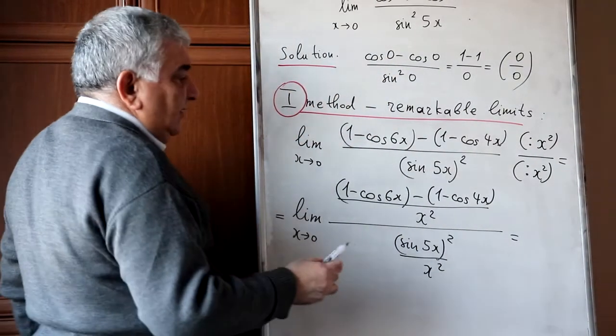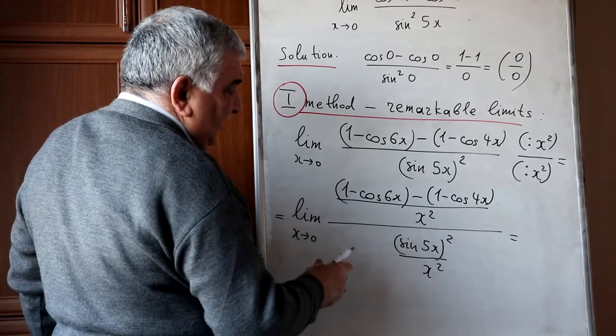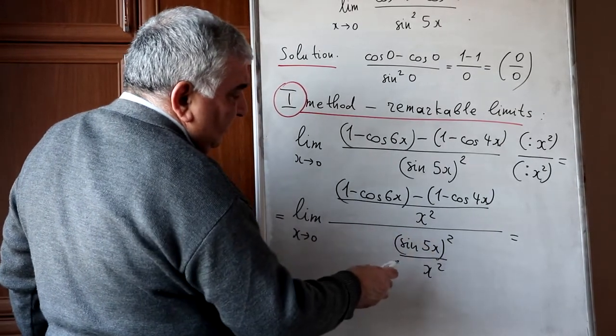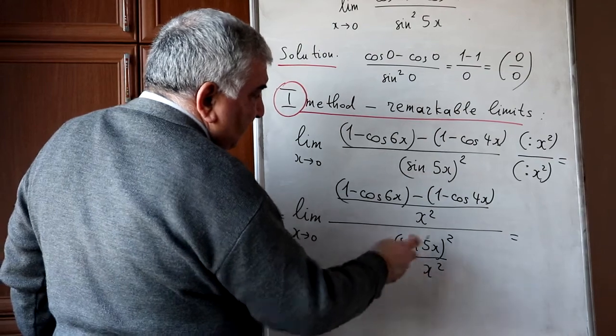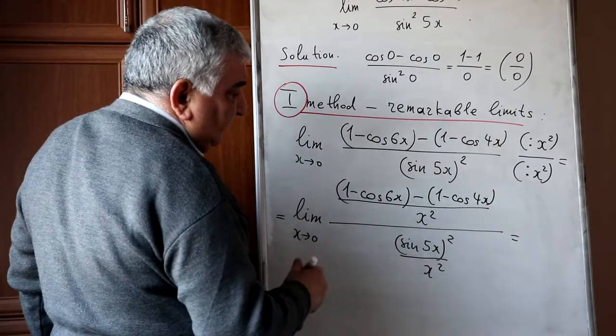Then divide the numerator term by x squared, and here we can unite the expression under the square.